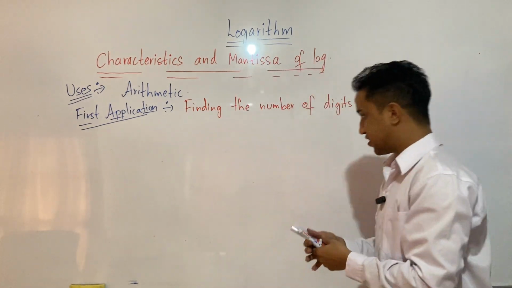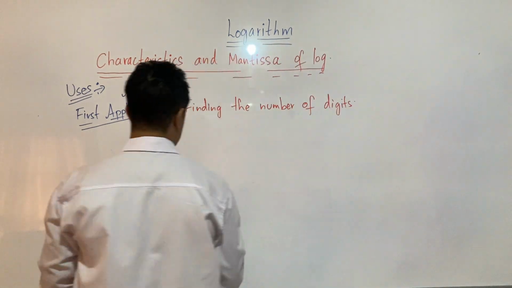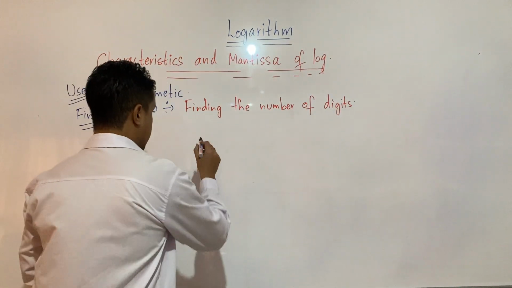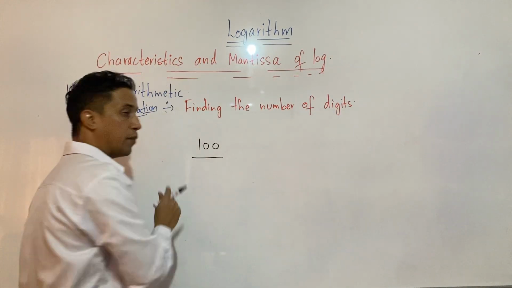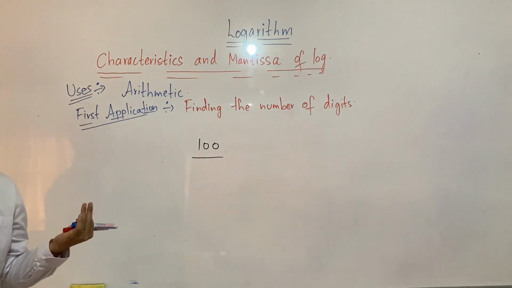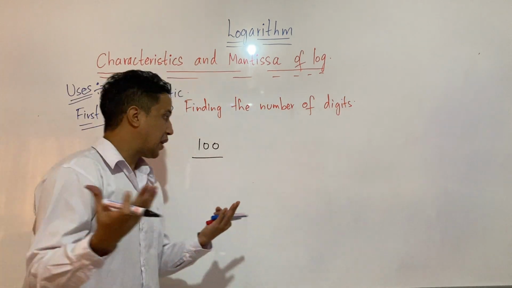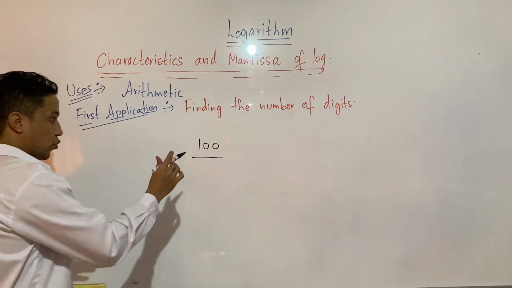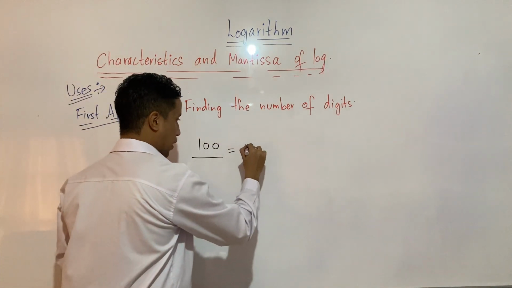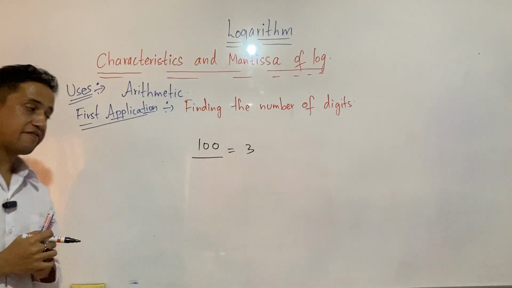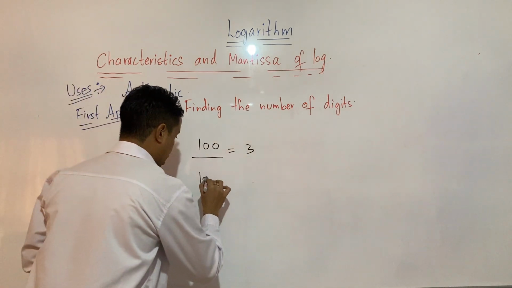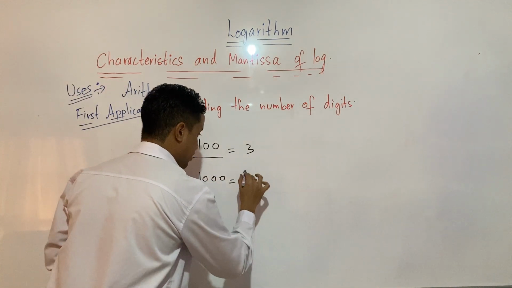Now, for example, if I write a number and ask how many digits are there, you will reply that this is a very easy question and the number of digits here is 3. If I ask about another number, you will say it's very easy, 4.